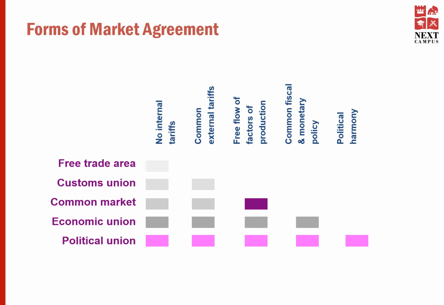And within these trade blocs, you have various forms of market agreements, starting from the right. Just some of them are political harmony. So what you have is a political union. That means a favorable outlook between the two countries, the political machines, to do trade. But there is nothing beyond that.